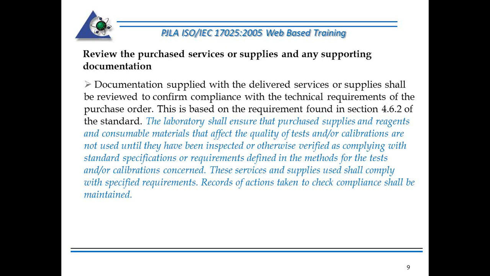Test reports deal with detection limits as well, where calibration essentially does not. But the point is that whether it's a testing certificate or a calibration certificate that your laboratories are issuing, there's a fairly significant amount of information that has to be presented, and it has to be presented in a very specific way. But for both testing and calibration laboratories, you have equipment that's calibrated and you receive calibration certificates.